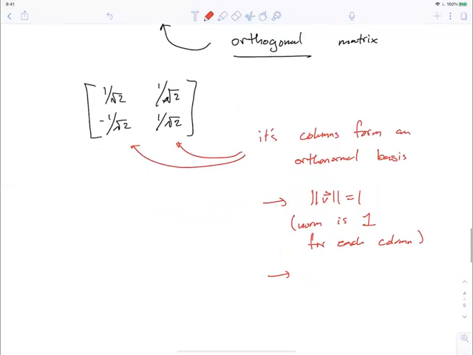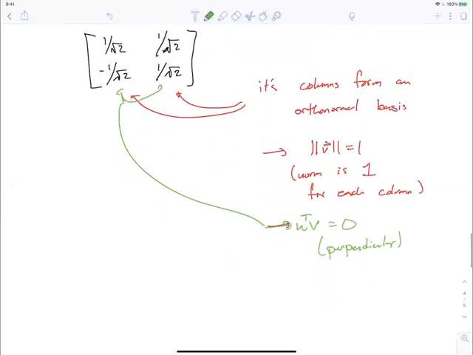We also have that if you take the dot product of two of these, you have to get 0. They have to be perpendicular. And they have to span all of Rn. They have to be a basis, right? So this is also saying that they're all linearly independent.